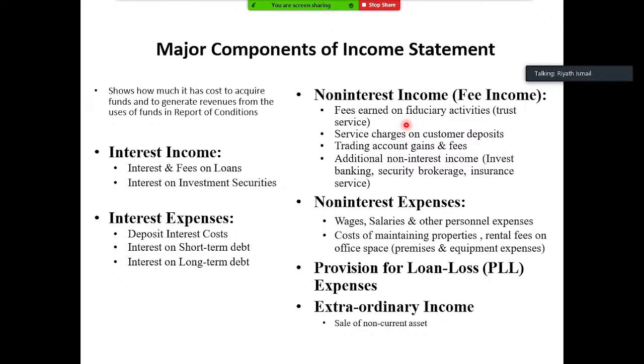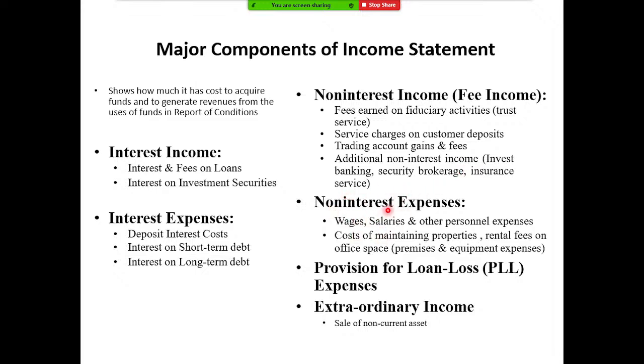Service charges on deposits: normally we maintain a savings account, and every month the bank charges us for SMS charges, ATM charges, online banking charges, like that. Then trading account gains and fees, the buying and selling of marketable securities. Additional non-interest income includes investment banking, security brokerage, and insurance services.